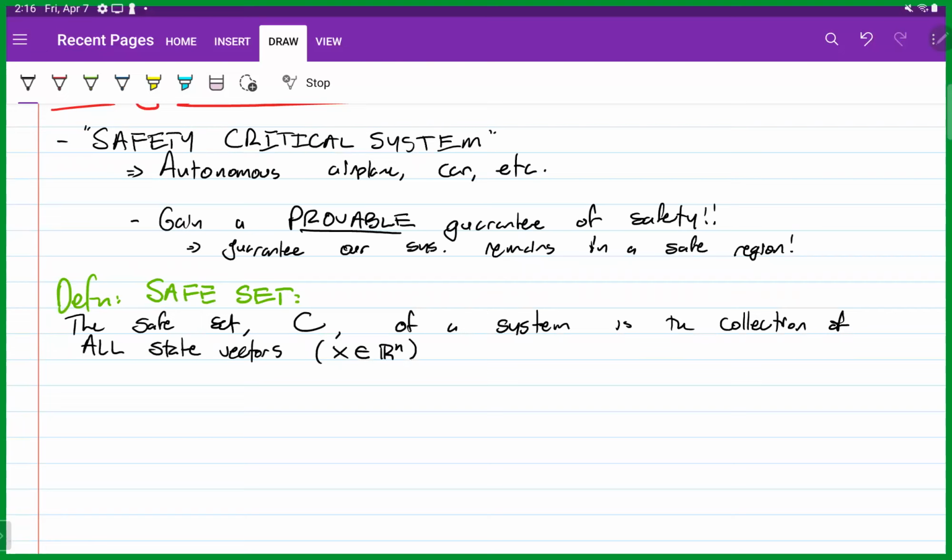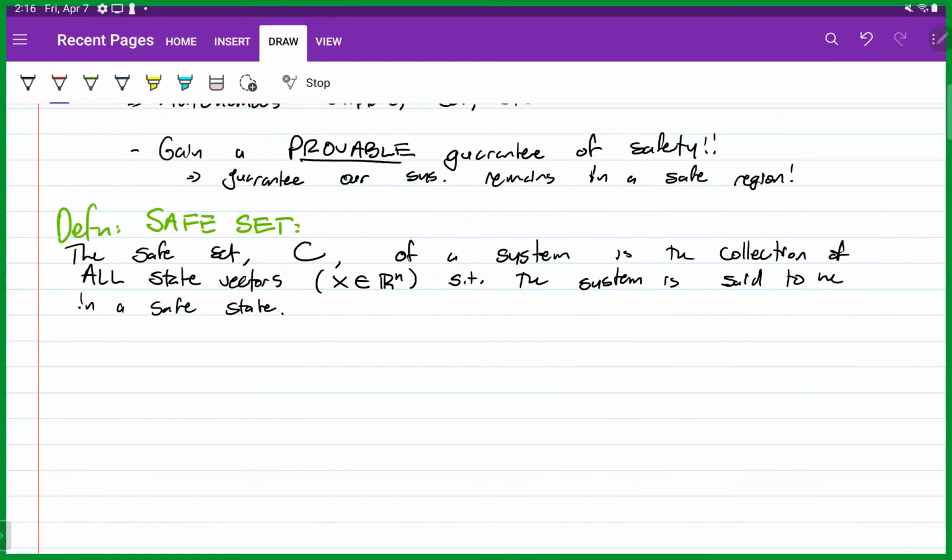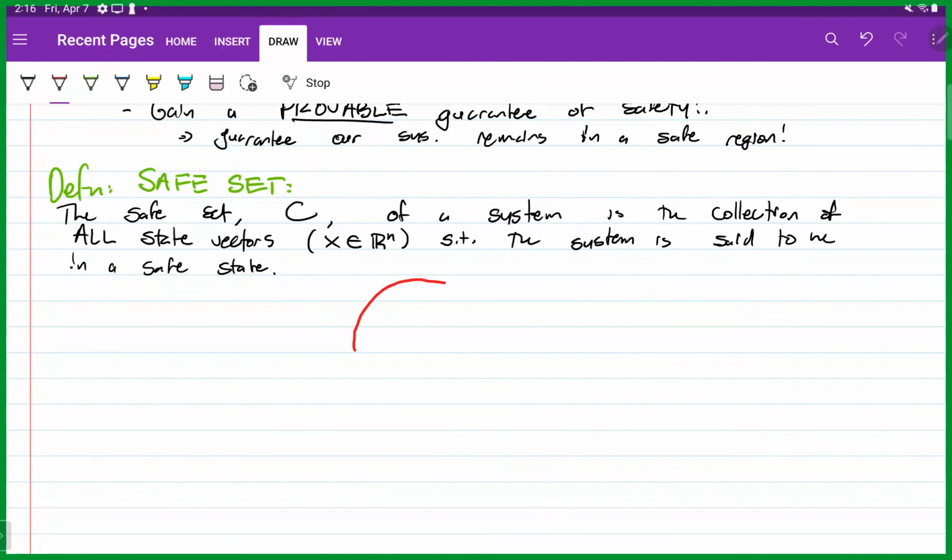So the safe set is the collection of all state vectors x in R^n such that the system is said to be in a safe state. I'll illustrate exactly what I mean by this with a quick example. Let's imagine that we have an obstacle.